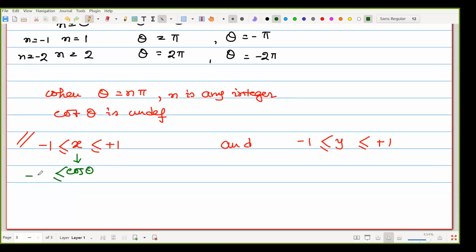So cos theta is belonging between -1 and +1. y means sin theta. So sin theta is belonging between -1 and +1. So that is the condition from the unit circle, and that is from the measurement of the triangle.